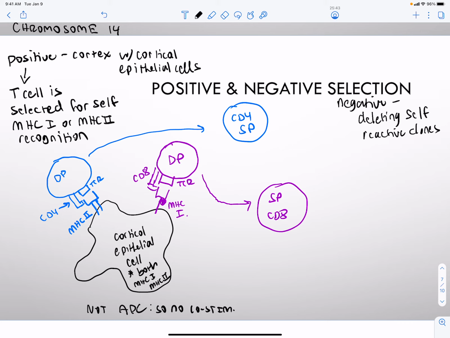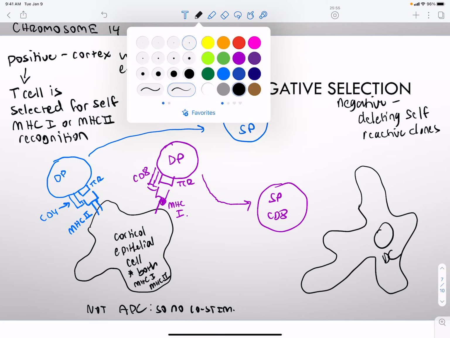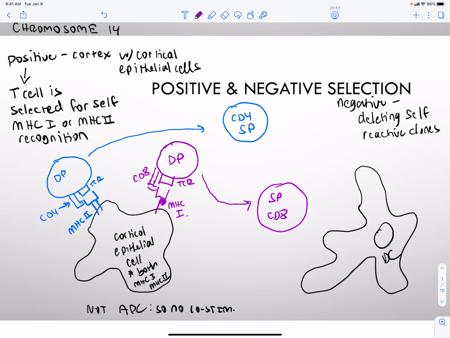And so you're going to have a traditional antigen-presenting cell, our dendritic cell. So here's our DC. And the dendritic cell is going to express on its surface, again, this time it's a professional antigen-presenting cell. So it's going to have on its surface MHC class 1. And on MHC class 1, it's going to interact with the T cell receptor for CD8. And you're going to get the CD8 molecule.